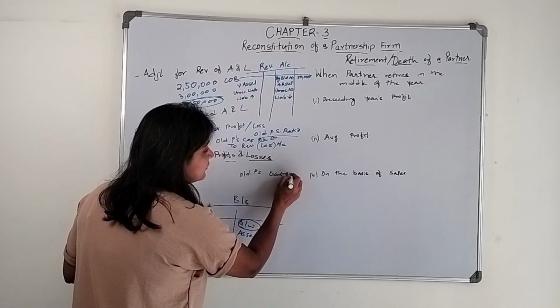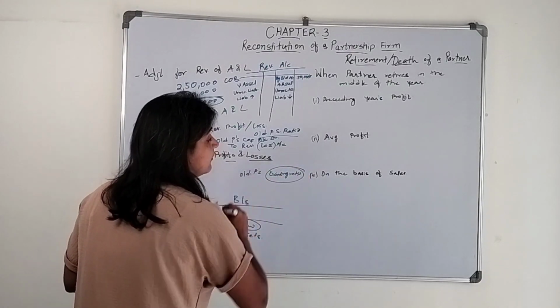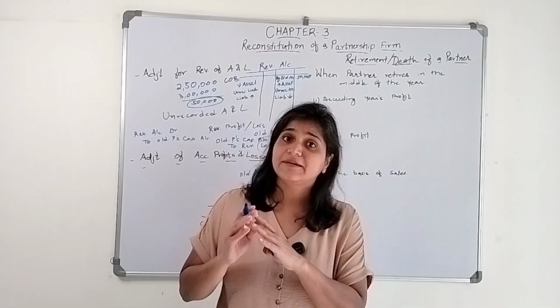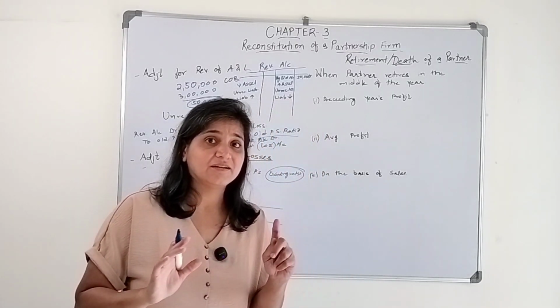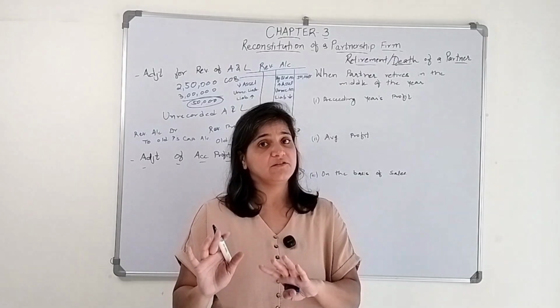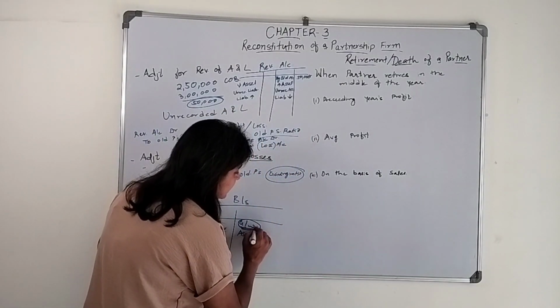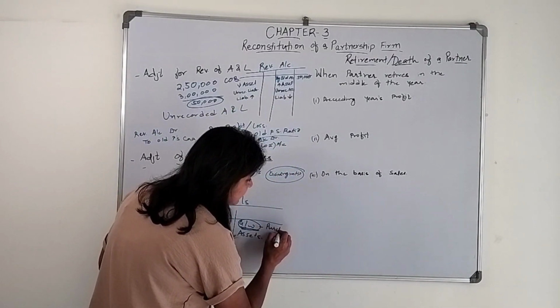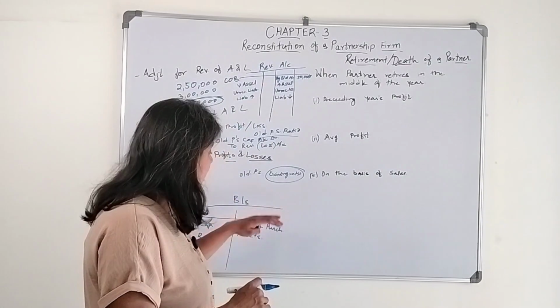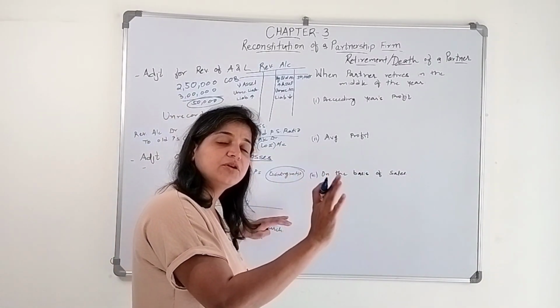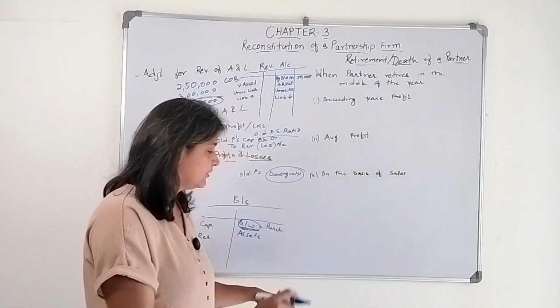That is a different thing. That value is determined when the partner retires, what is the goodwill of that particular firm. We studied purchased goodwill and self generated goodwill. This goodwill is a purchased goodwill which we need to close. So this goodwill will get closed, and it will be distributed among the 3 partners in their old ratio.